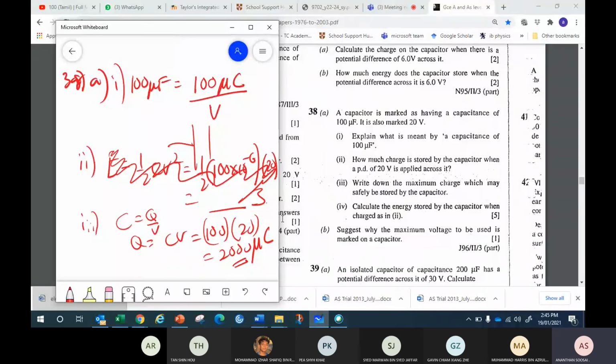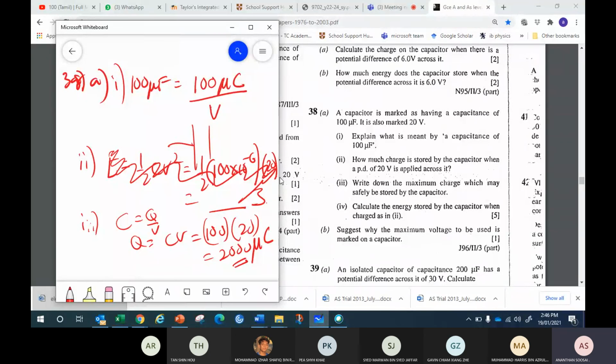Then question 3 is, write down the maximum charge which may be safely stored by the capacitor. What is the difference between 2 and 3? I think it's a printing mistake, because 2 and 3 look the same, right? So maybe one of them will be energy. Maybe the top, maybe the bottom is energy. So that is a printing mistake. One of them should be energy.